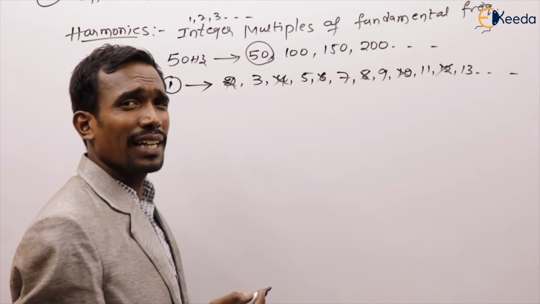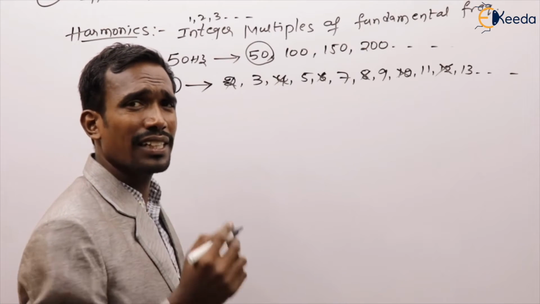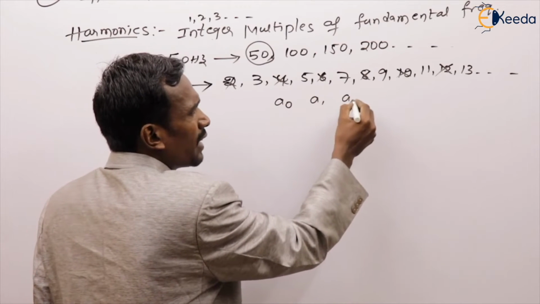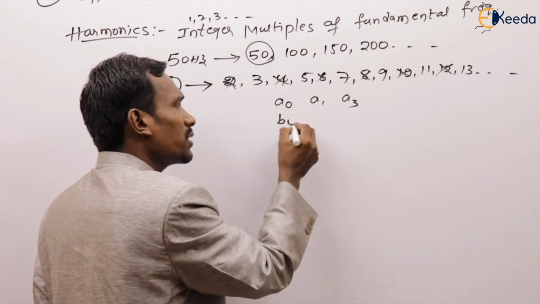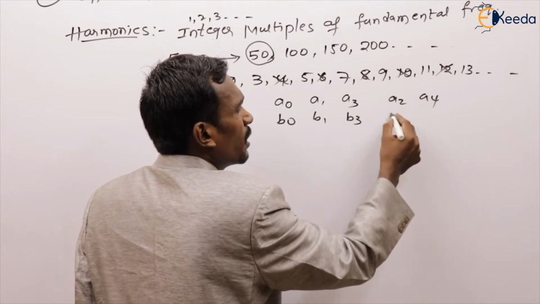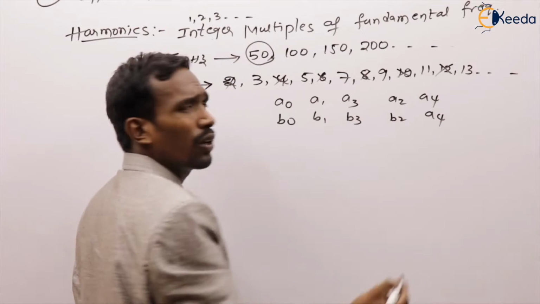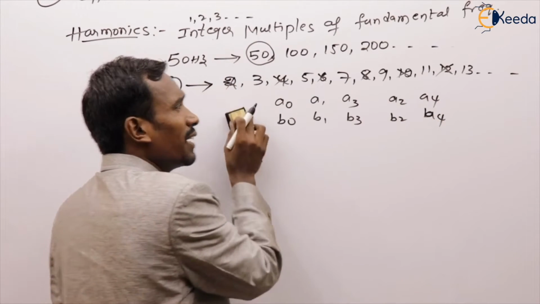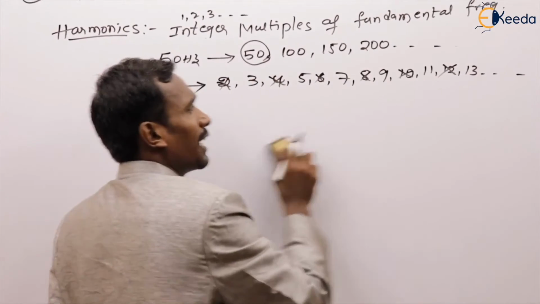Generally in Fourier analysis, in the Fourier series, we can find A0, A1, A3, B0, B1, B3, but there is no A2, A4, and no B2, B4. Why, sir, is there no A2, A4, B2, B4? Because the even harmonics are automatically eliminated.